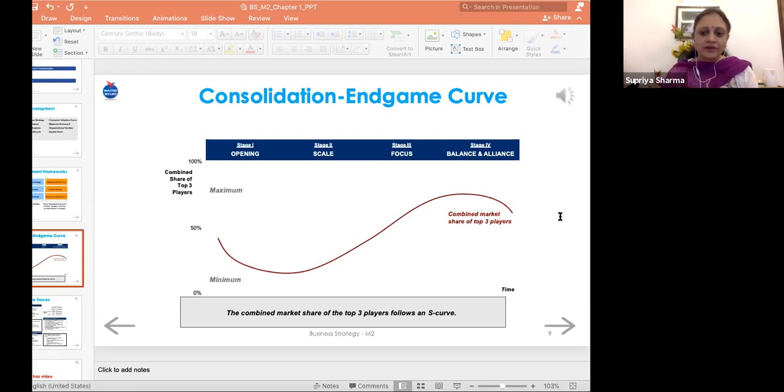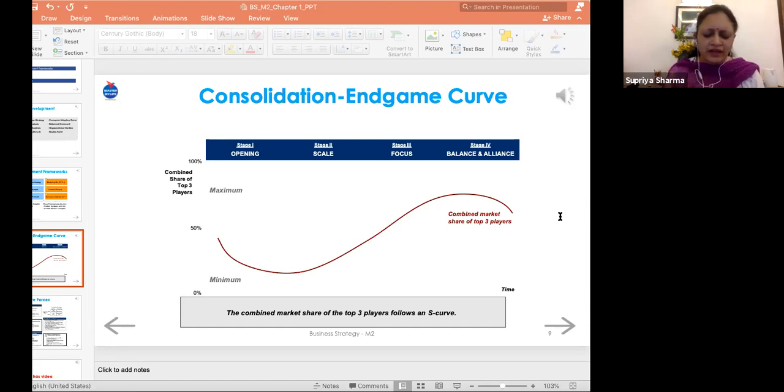Because at that point of time, profit was not the criteria, it was revenue, and that was only through market share, expansion of market share, which gets translated into revenue and further into profit. So amassing the market share.